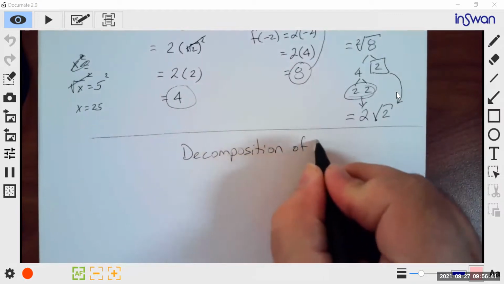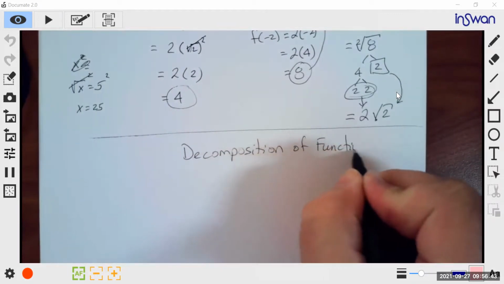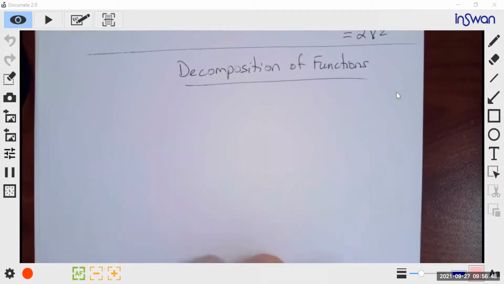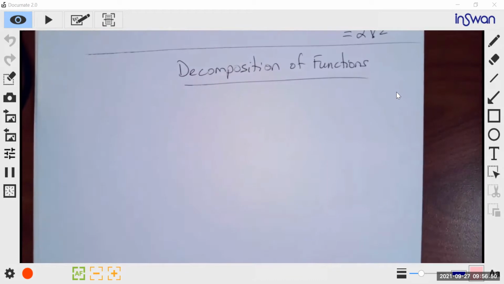Decomposition of functions. This method is used mostly in calculus courses where you have to know what a function is made up of, the smaller pieces.